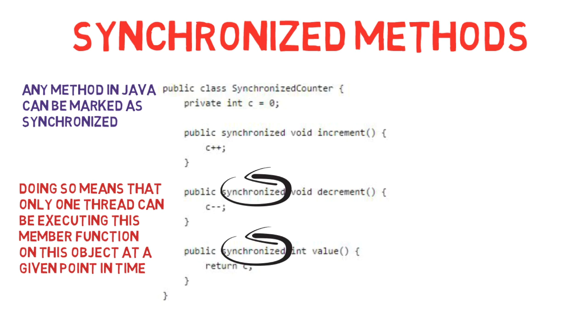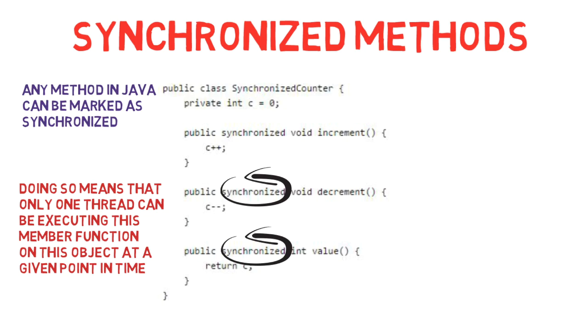This means that if you have thread A, which is currently executing the increment method, you cannot have thread B execute decrement or value because they're all synchronized on the same lock, which is that instance of the synchronized counter.